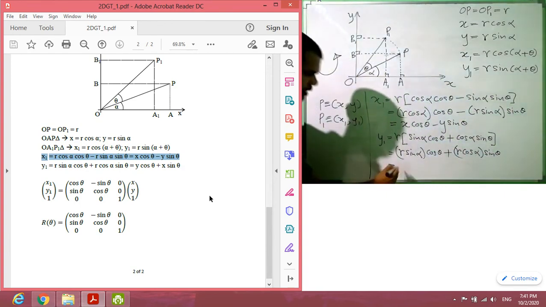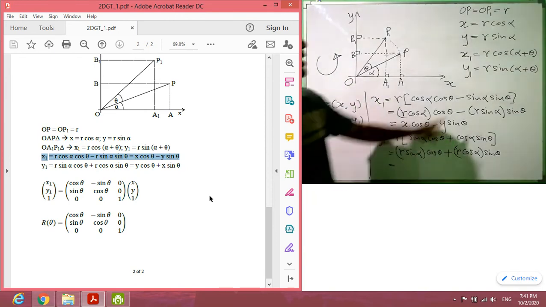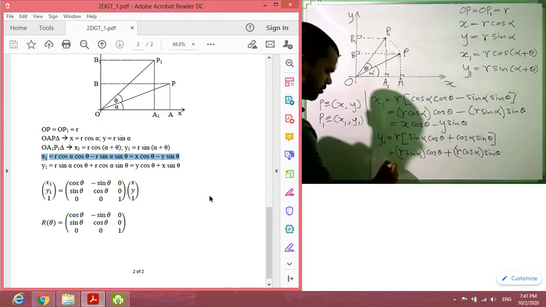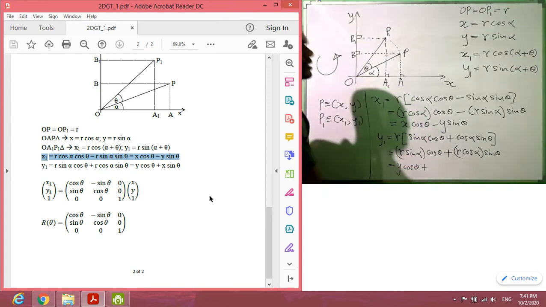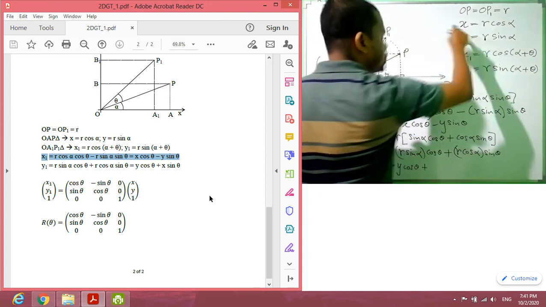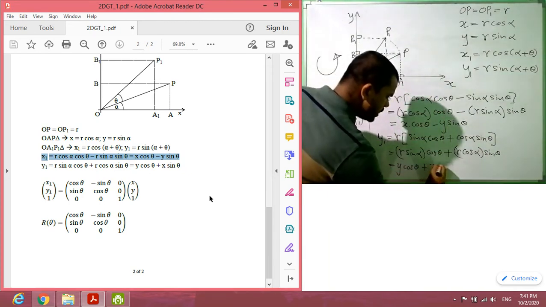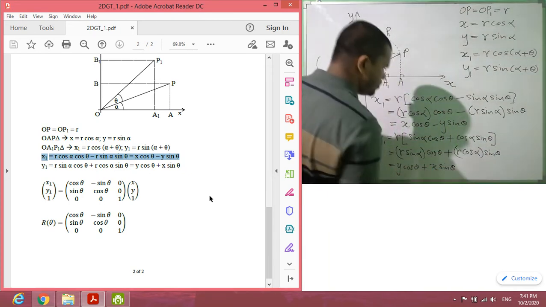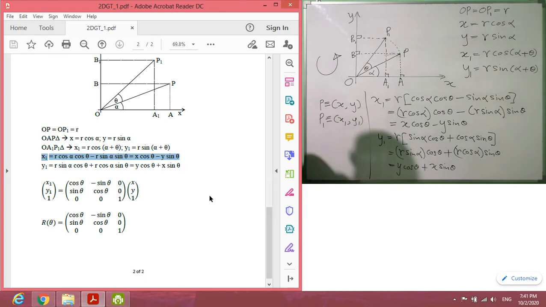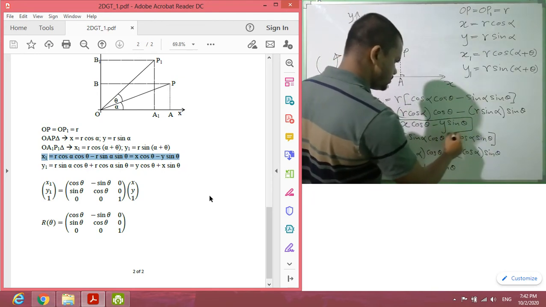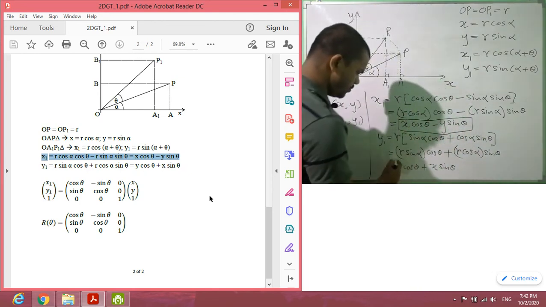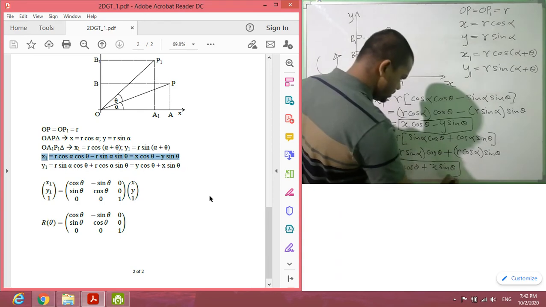Now for the R sin alpha we substitute y, and for R cos alpha we put x. So y1 equals y cos theta plus x sin theta. Now these are the two values: for x1 we get this value, for y1 we get this value.